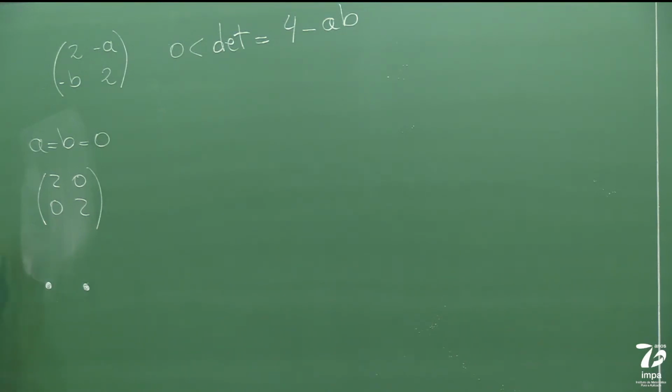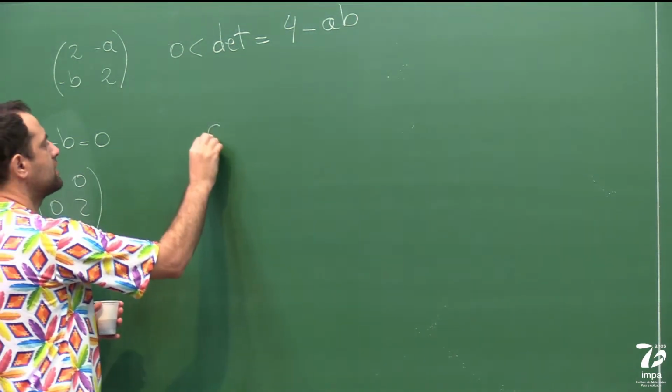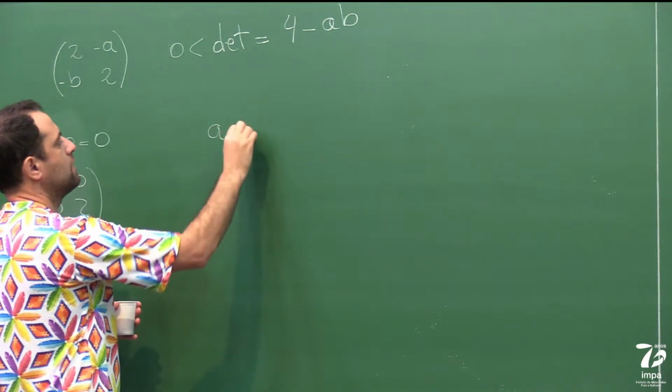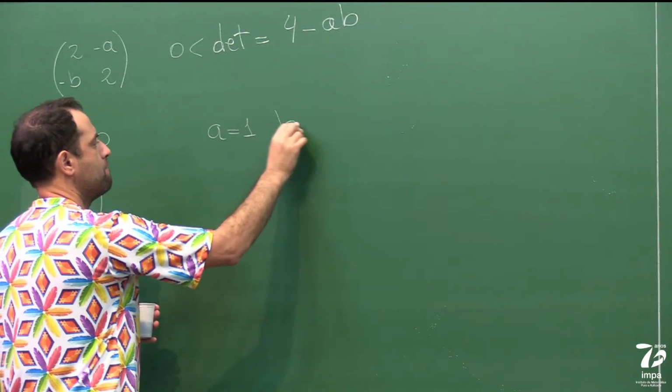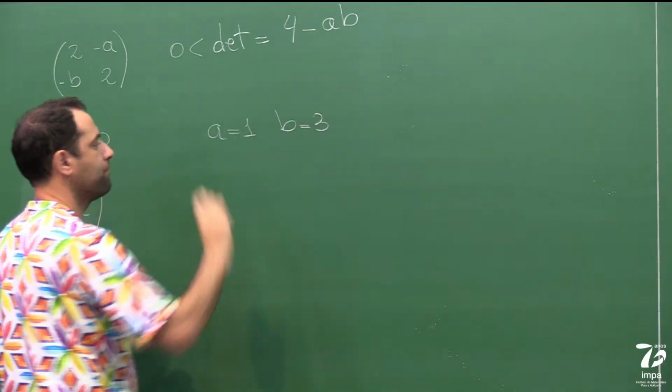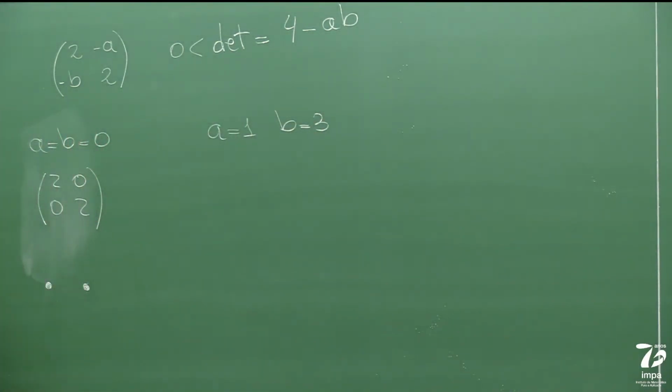And this root system is not irreducible. The other option is, I guess I'll just go the other way around. Let's go with decreasing determinant. So this is the highest possible determinant, which is equal to 4.